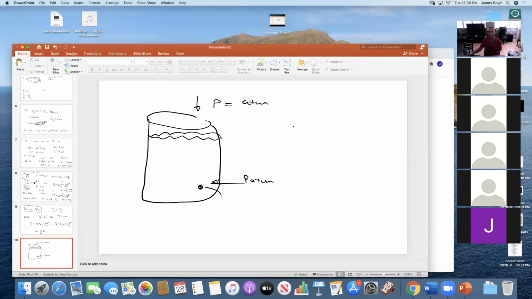Let's say you have a pipe where the water's coming through it and spilling out into the air. The pressure here has to be atmosphere, whatever the atmosphere is. That is not always told to you. Sometimes you have to figure out what that is.